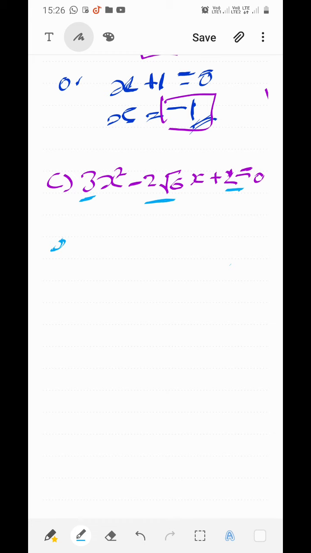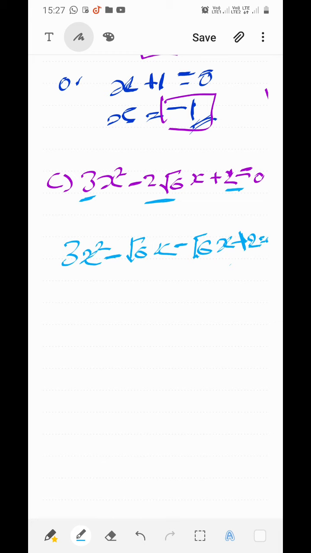First we write it: 3x² minus 2 root 6 x we split as minus root 6 x minus root 6 x, plus 2 is equal to 0.